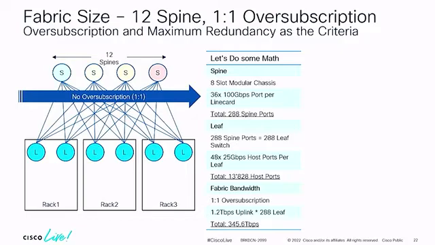I cannot have more leaves than I have ports in a spine when I decide that every leaf has to be symmetrically connected to the spines, right? So that's kind of the end there. As a result of all of this, we're getting 288 leaves. We multiply them by 48 ports, which gives me somewhere north of 12,000 ports which my fabric can scale to at a one-to-one oversubscription, as you can see there.